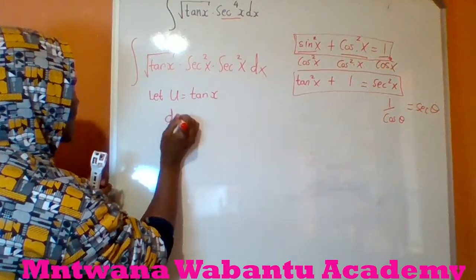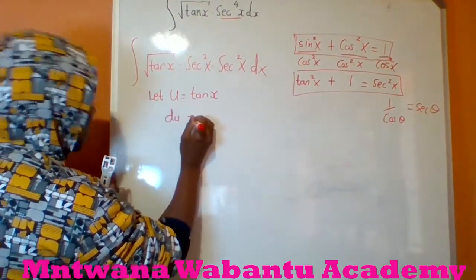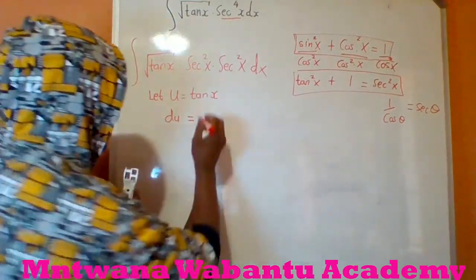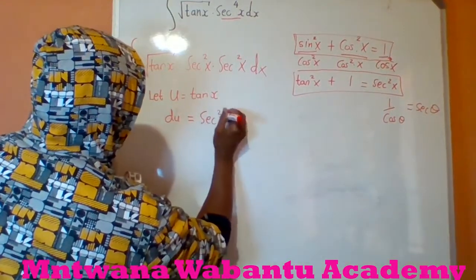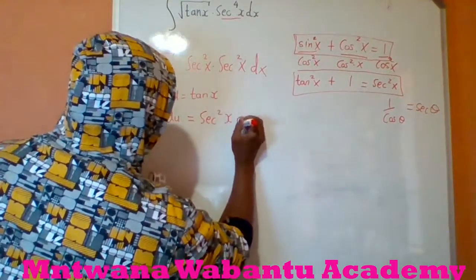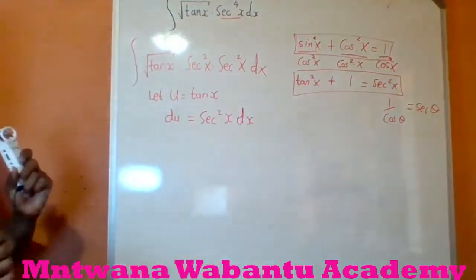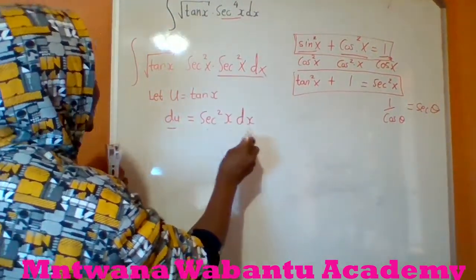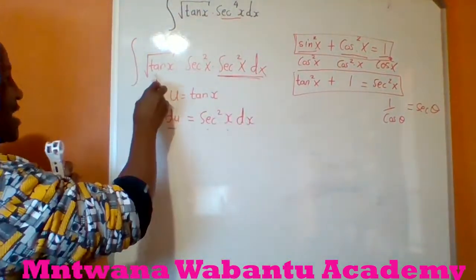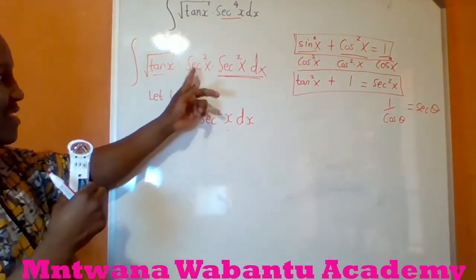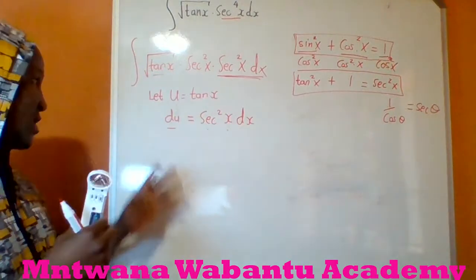When I differentiate u, I get du, and on the right-hand side when you differentiate tan, you get sec square of the angle, but since I differentiate with respect to x, it has to be dx. So sec square x dx equals du, and tan equals u. I also need to write the other sec square in terms of u as well.